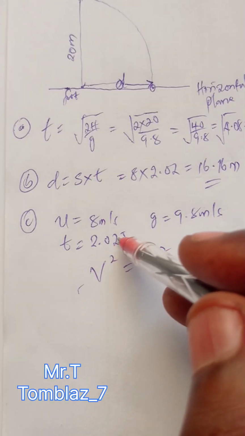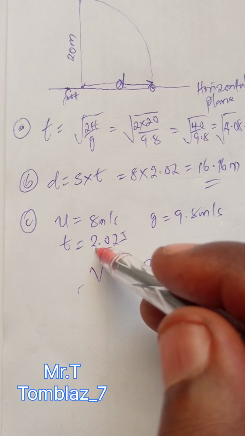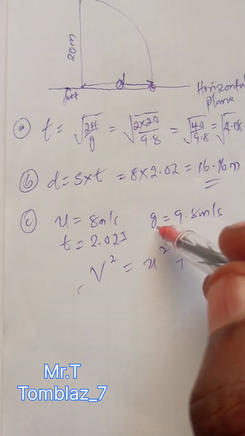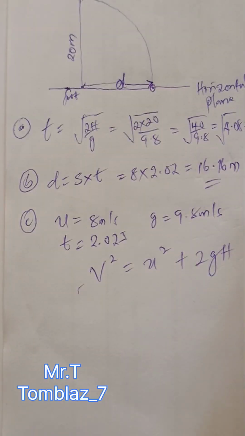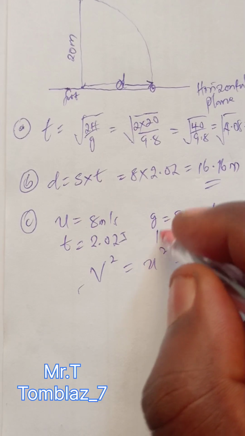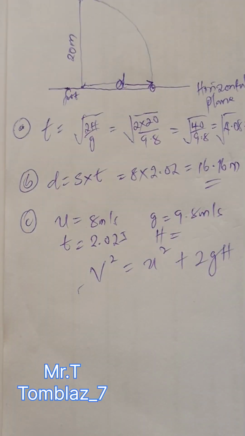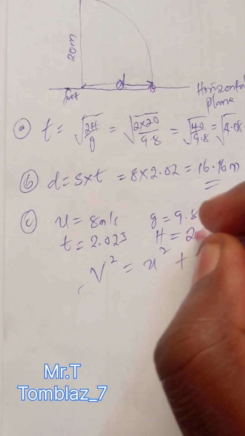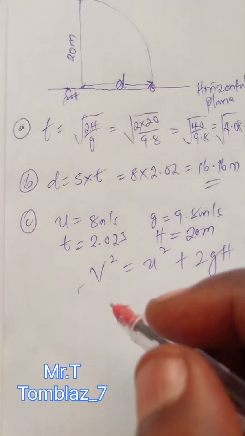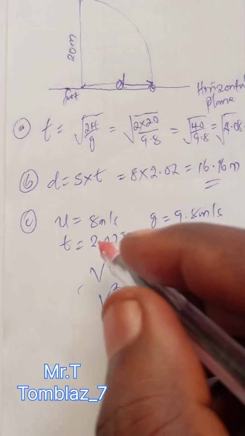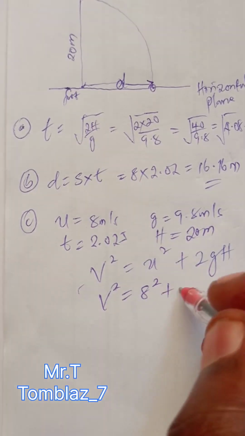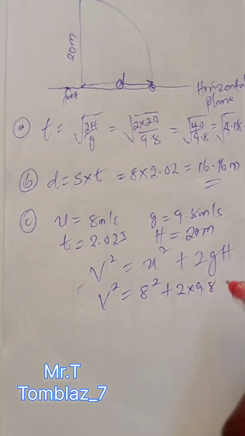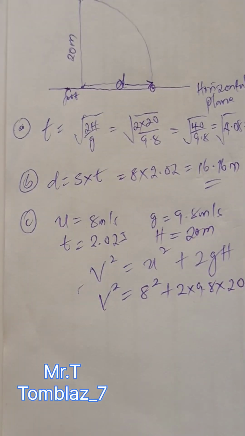The acceleration due to gravity is 9.8. Then the height is 20 meters. So we can substitute values here. v squared is equal to 8 squared plus 2 times 9.8 times 20, right?